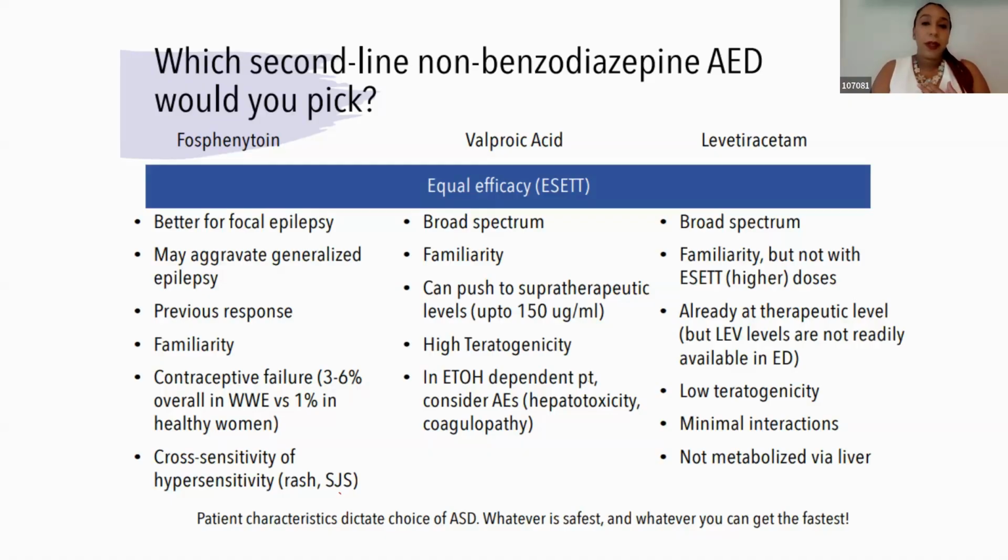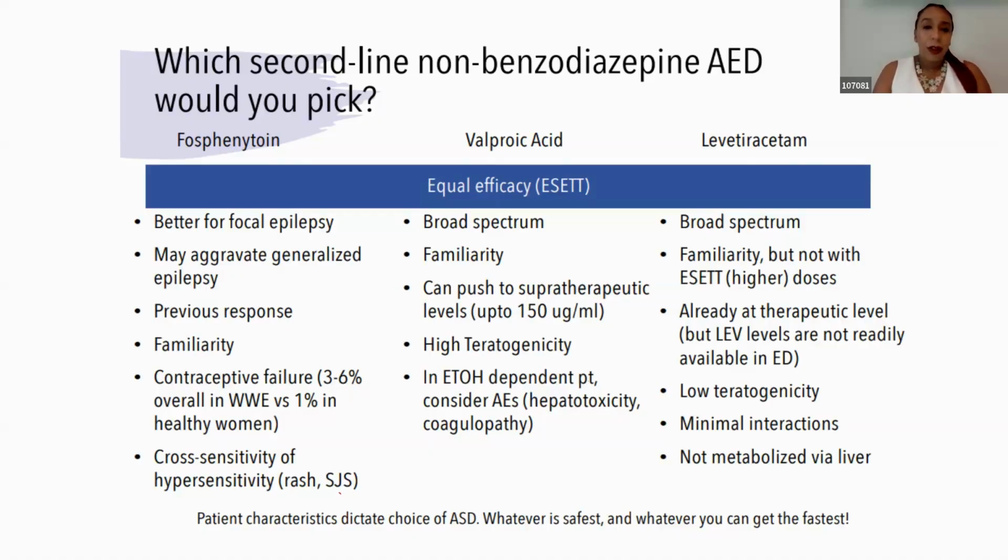However, you want to pick the medication based on the patient's morbidity, mortality and confounding factors. For this patient, fosphenytoin is probably a good option because it's better for focal epilepsy. It may aggravate generalized epilepsy. She had a good previous response to it. She's familiar with it.